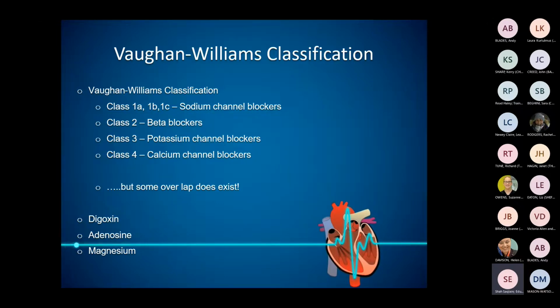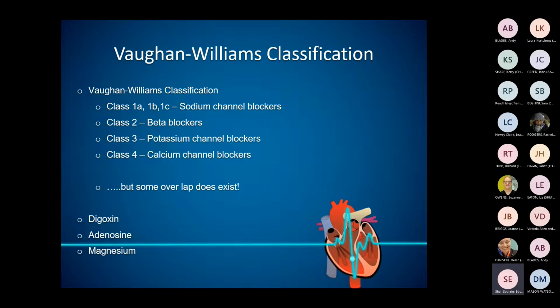So broadly speaking, class 1 very quickly. And like I said, my aim is that within 10 minutes, we are able to understand antiarrhythmic drug management. So it's a big challenge there, but I'm confident that we'll do that. So class 1 is very much sodium channel blockers, class 2 beta blockers, class 3 potassium channel blockers, class 4 calcium channel blockers, and a few of the bits that we use in arrhythmia management alongside it.